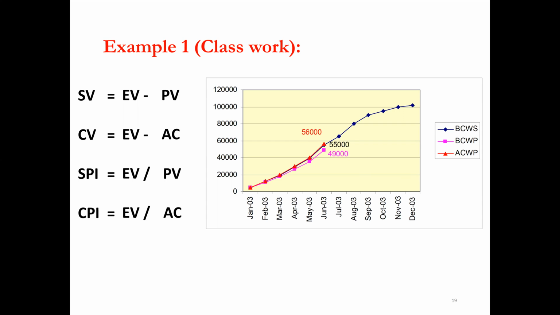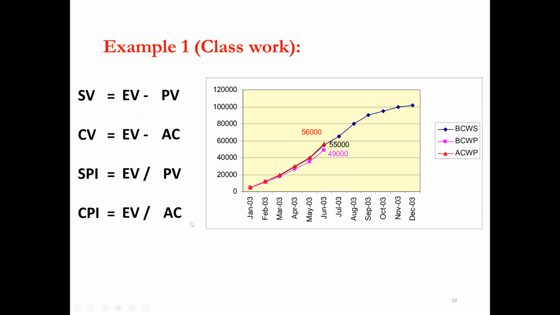Now we know these formulas: schedule variance SV is EV minus PV, and cost variance CV is EV minus AC. SPI, schedule performance index, is EV over PV, and cost performance index CPI is EV over AC.